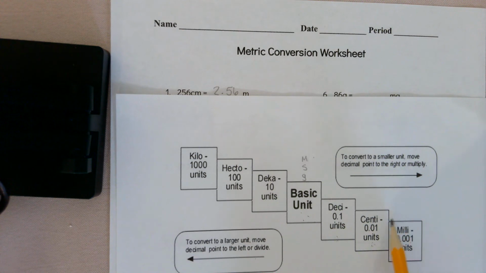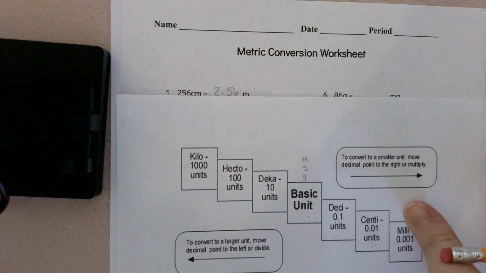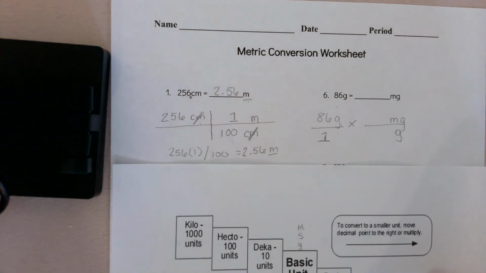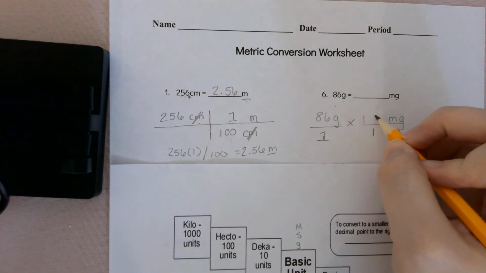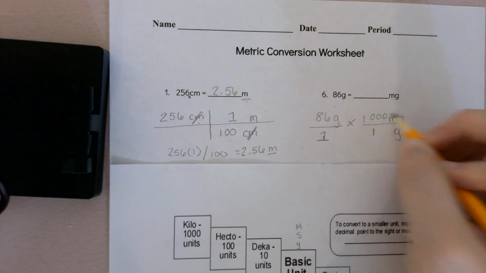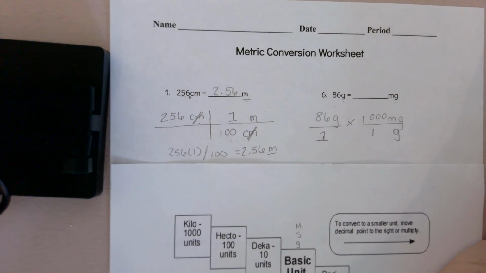Okay, so there are 1,000 milligrams for every 1 gram. And remember, you always want to keep the numbers together. So if there's 1,000 milligrams, the 1,000 goes with the milligram, whether it's on the top or the bottom. So for every 1 gram, there are 1,000 milligrams.